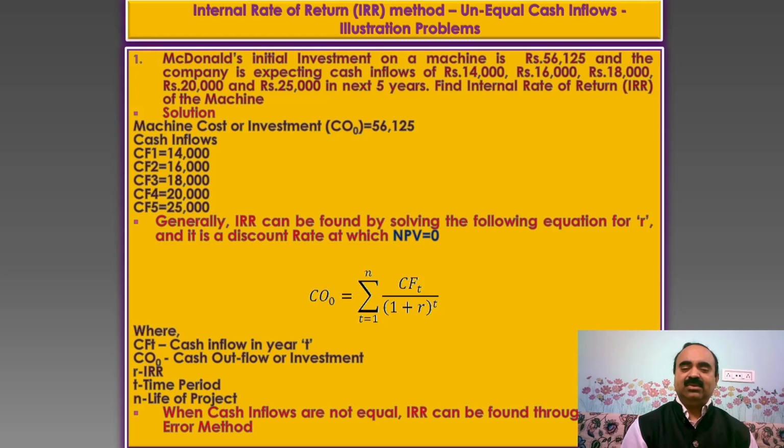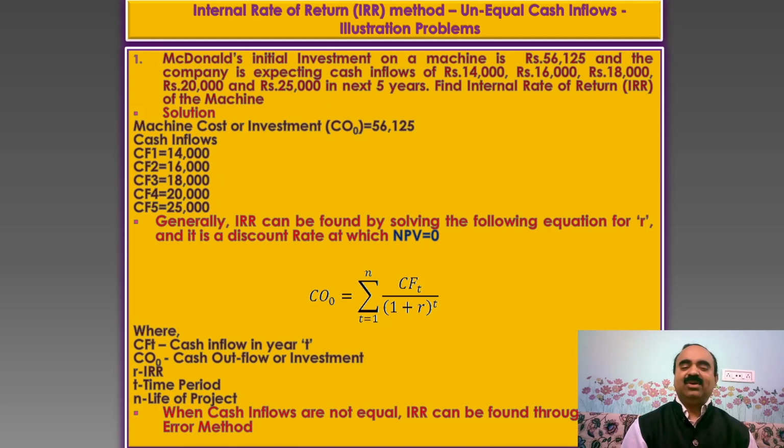CO0 is equal to summation of T is taking 1 to N CFT by (1 plus R) whole power T, where CFT is cash inflow in year T, CO0 cash outflow or investment, R is IRR, T time period, N life of project.